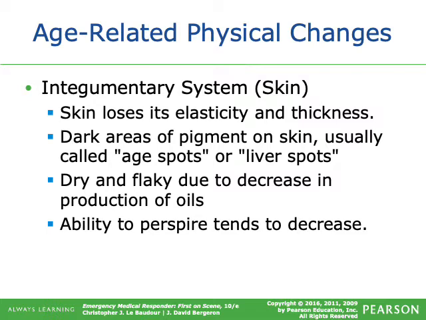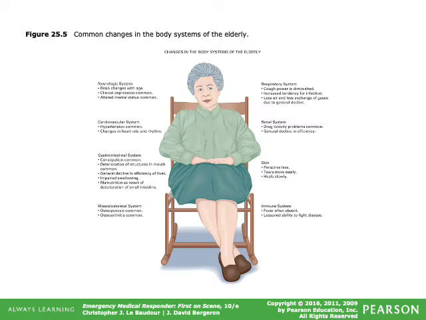So also, as the skin becomes thinner with age, it's much more prone to tears, even when it's just minimal trauma. Just use extra care when you're handling these patients. You do not want to cause any further injury by the way you're handling the individual. Figure 25.5 is just common changes in the body systems of the elderly. I'll give you about 10 seconds to look at it, and you can look at it further in your book.